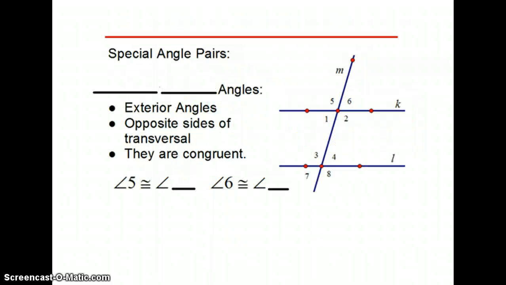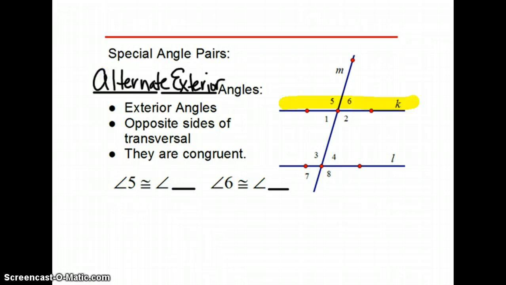Now the next type of angle pair relationship is similar to the one we just did, but instead of being on the interior, it will be on the exterior. And these are called alternate exterior angles. So they are going to be on the exterior, that means either above or below the parallel lines.